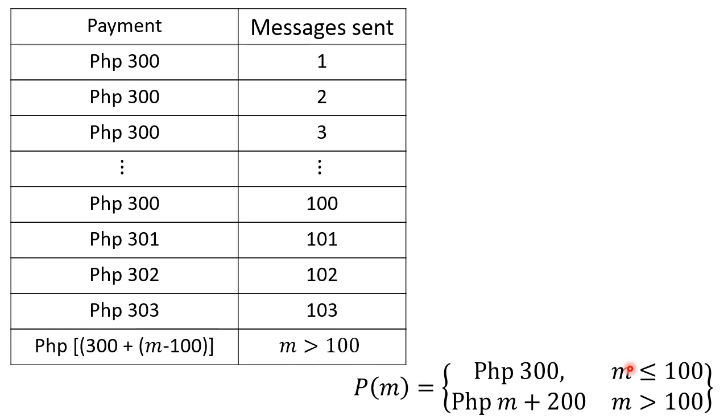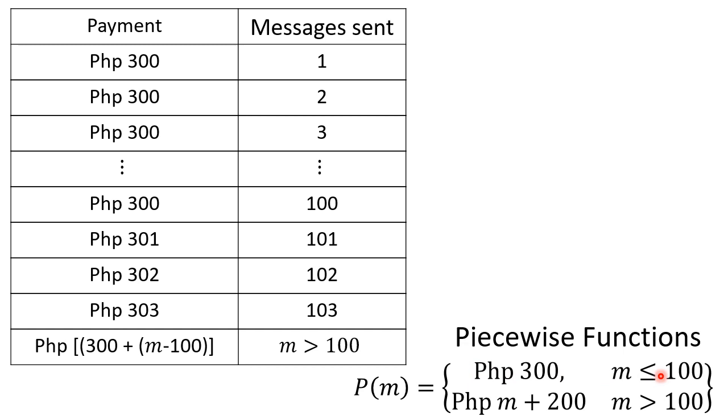Okay. Yung mga ganitong function na mayroong iba't ibang behavior at nakadepende sa kung ano man yung value ng variable, for this example is yung number of messages, ang tawag natin sa mga function na to ay piecewise functions. Pag sinabi natin piecewise functions, yung function binubuo pa ng other sub-functions na tinatawag. Kagaya ng example natin, lumabas na yung main function natin is a function of 2 sub-functions or consists of 2 sub-functions.